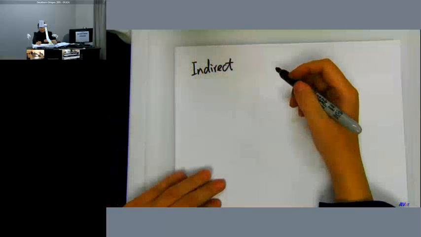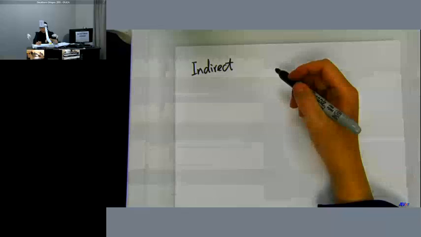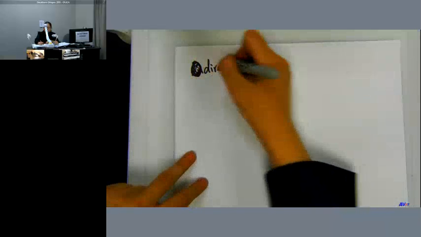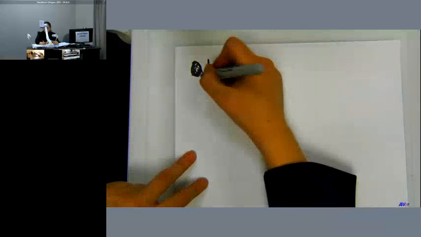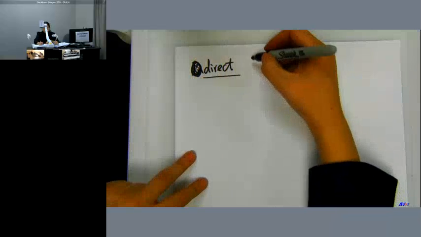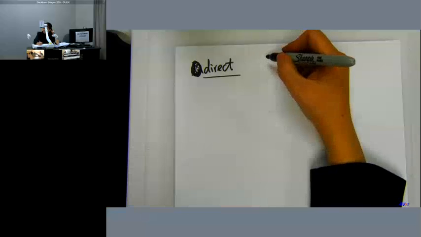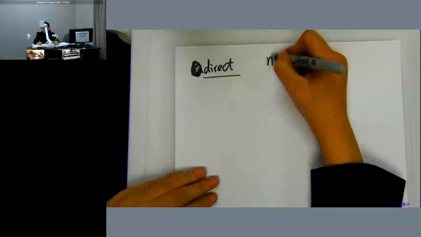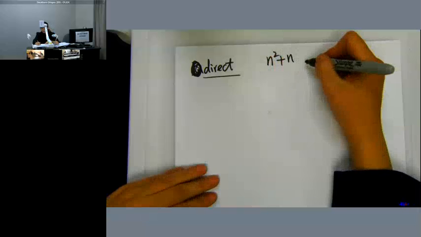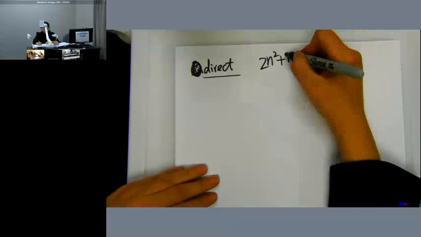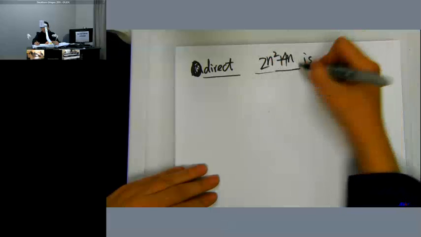So on this first exam, we learned a proof called direct proof. That was before the first exam. And if you remember those questions we did before, for example, prove this is even.